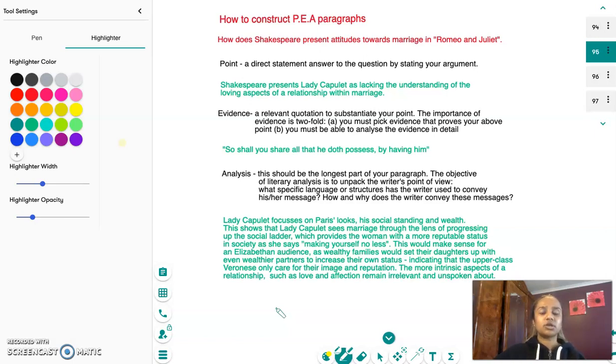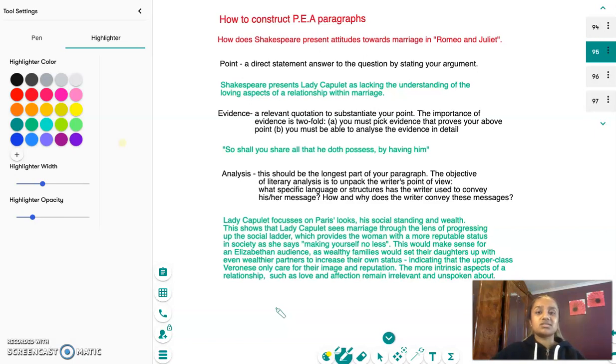So showing a really robust understanding of the context will really help you with your analysis and gaining those higher marks. So we're talking about a 16th century patriarchal and misogynistic society. This was the Shakespearean world that is being referred to in Romeo and Juliet.